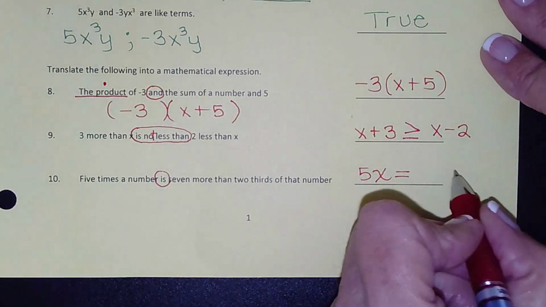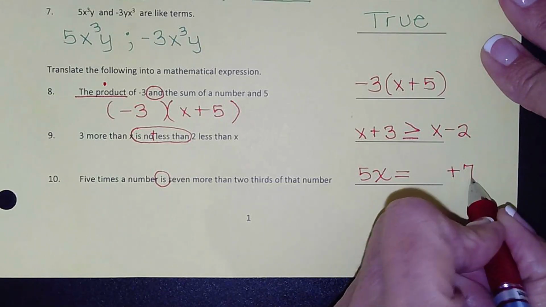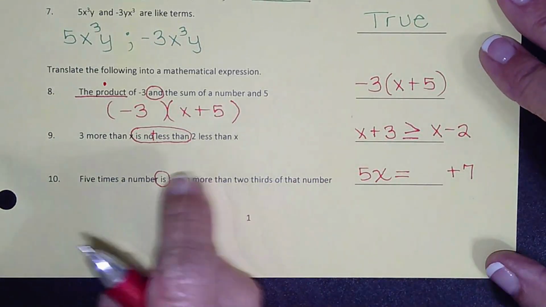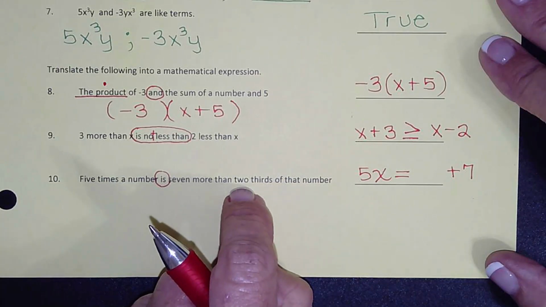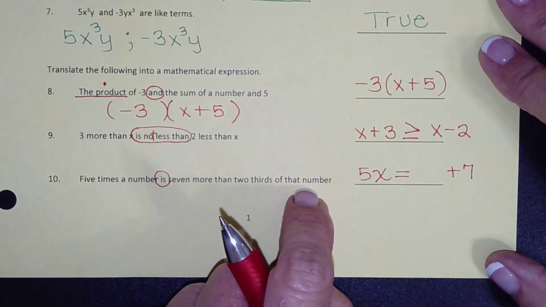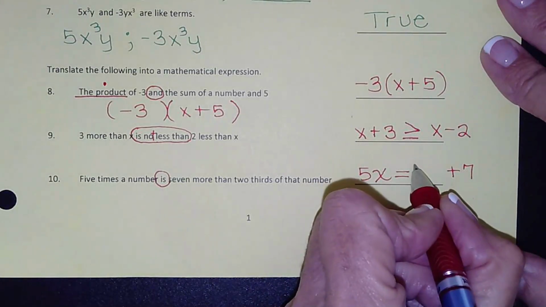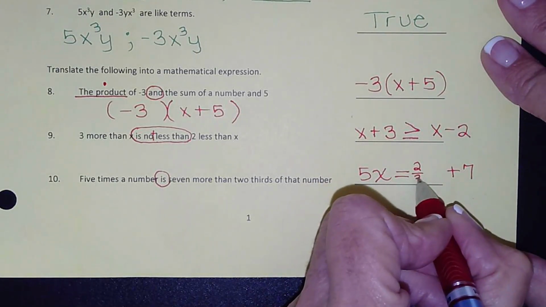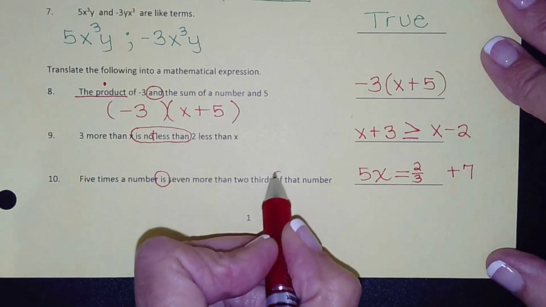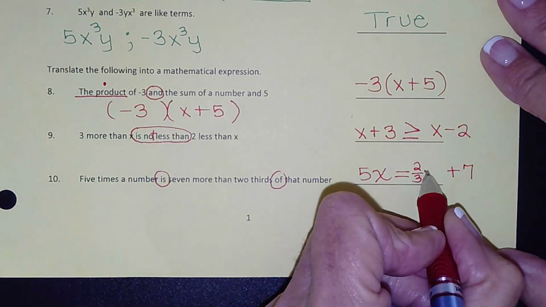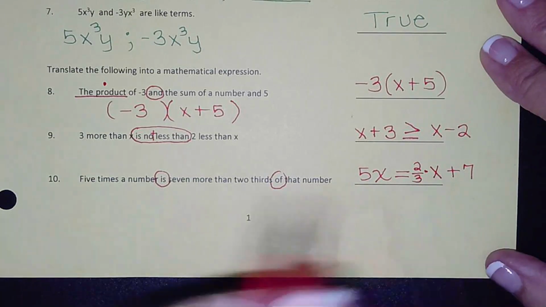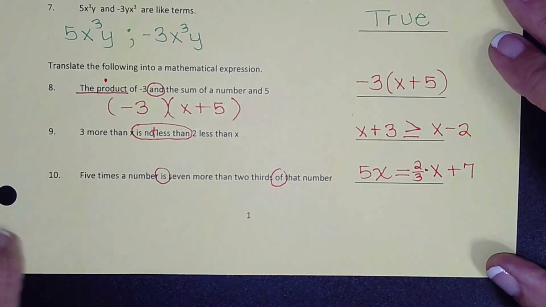7 more than, so that means we're adding 7 at the end, just like less than we subtract. 2/3 of that number. So the number's x, so 2/3. And remember, of means times x. And of course, you could write that with or without the times sign.